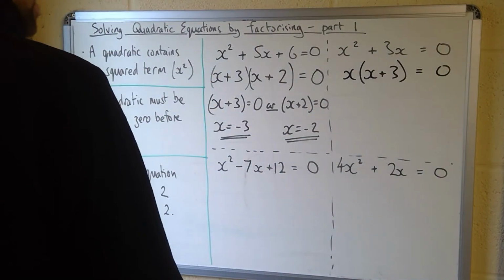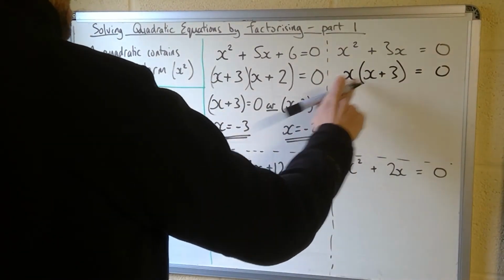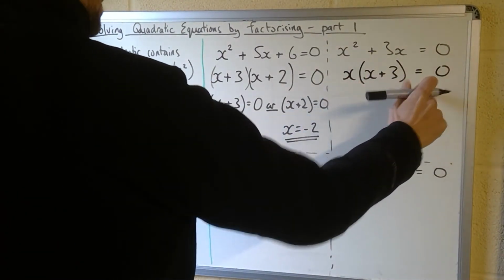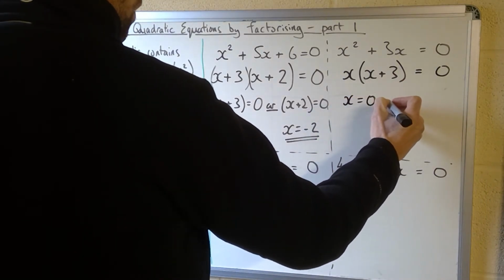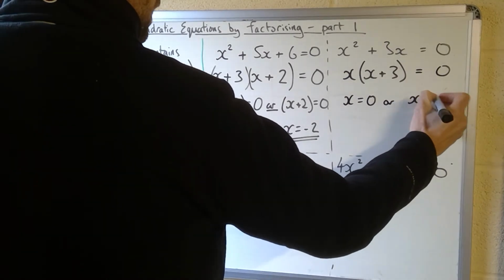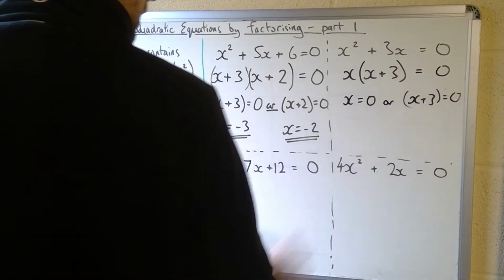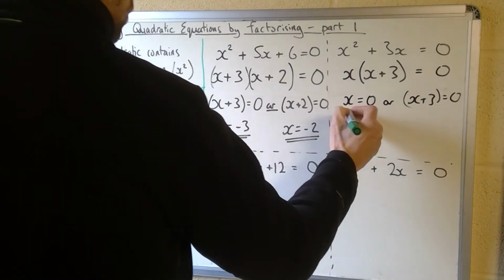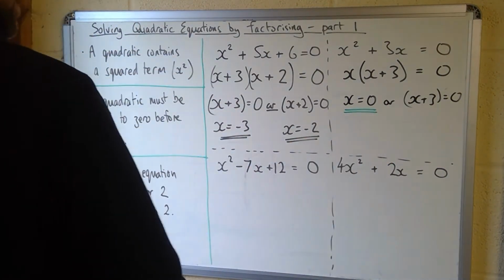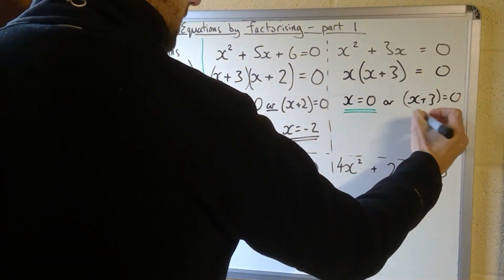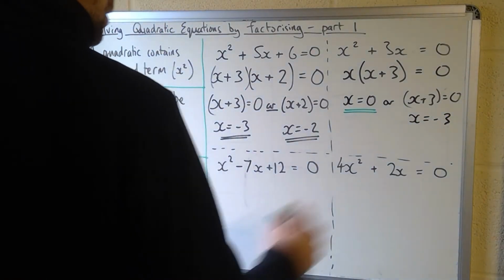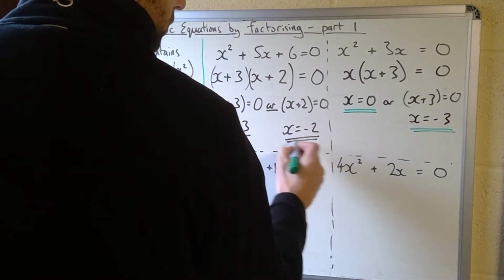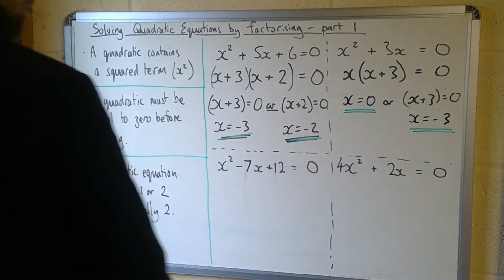It still has to be equal to 0. And now I've got this x multiplied by this bracket gives me 0. So on the next line, I've got x equals 0 or x plus 3 equals 0. This part is already solved, x equals 0. And to make this side true, it must be x equals negative 3. That's my other solution. So I've got two solutions like I did with the first one.